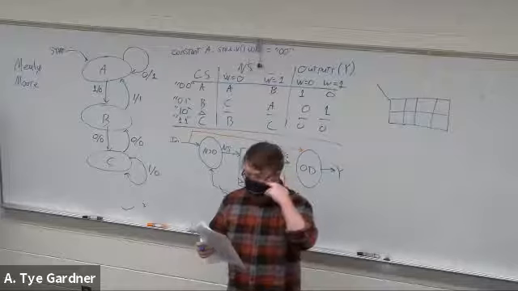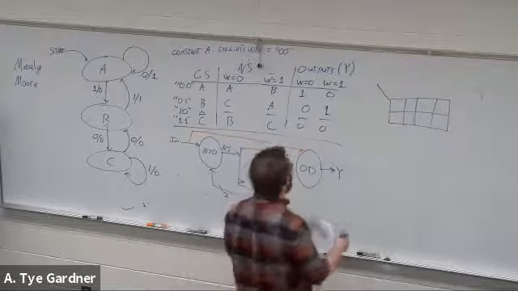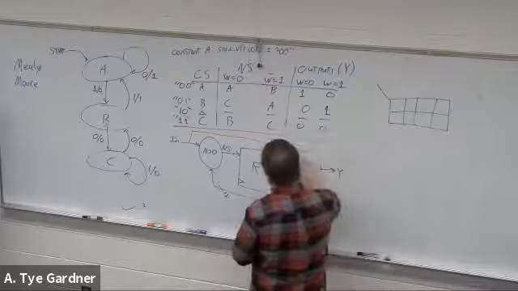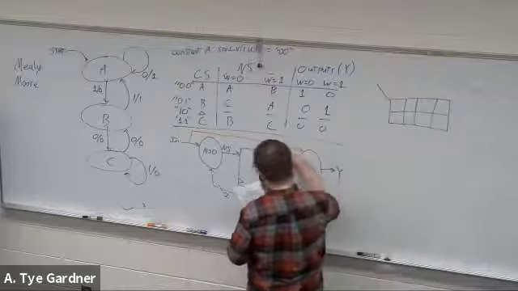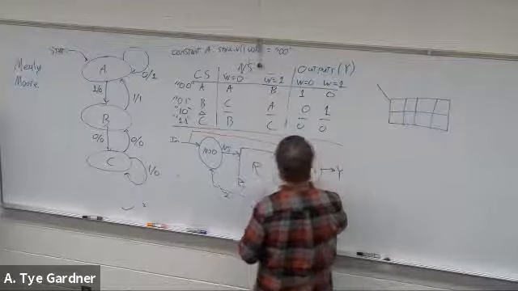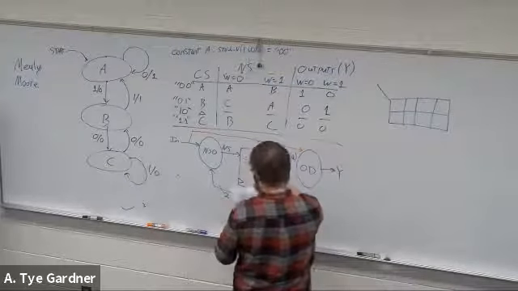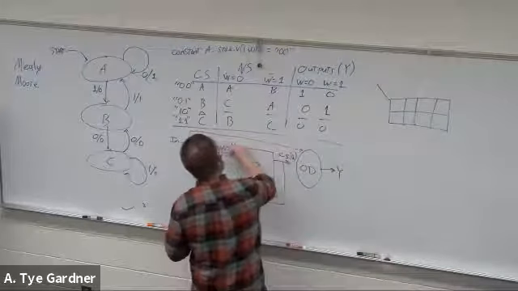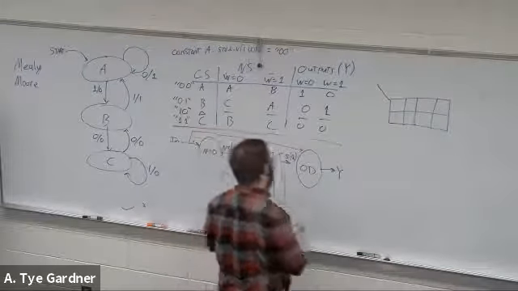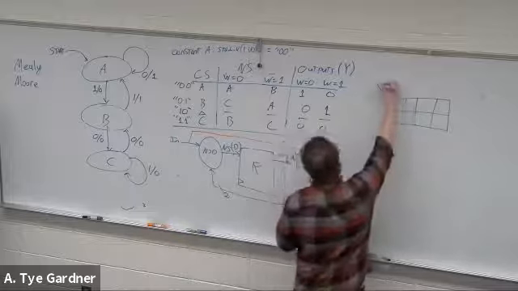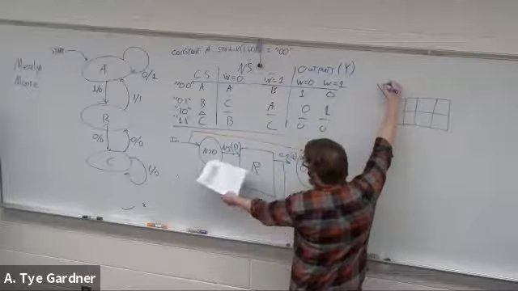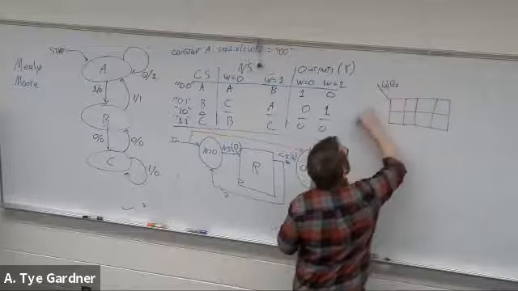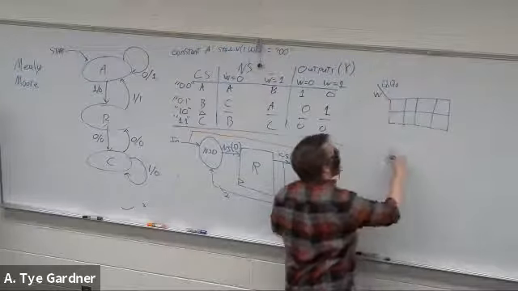And now that we know how many inputs we have, I'm going to call my current state Q, and the input W. The next state will be D, just to differentiate them. So my input to next state decoder is going to be Q1, Q0, and W.